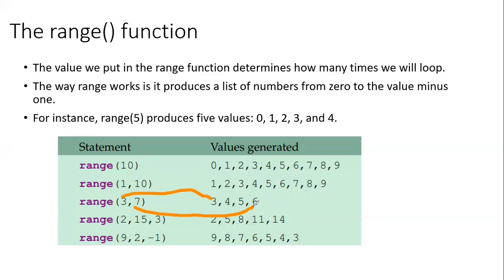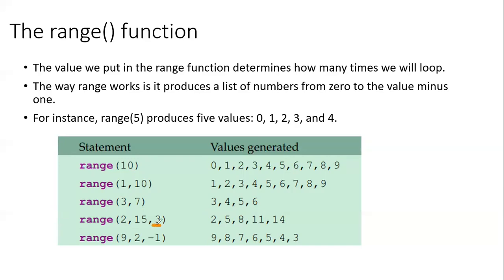So that way you need to understand how the range function is working. And here, remember, in general, the range function increment is 1. Here you can see 3, 4, 5, 6, the increment is 1. However, that increment or decrement can be changed. So in this case, you can change the increment value.